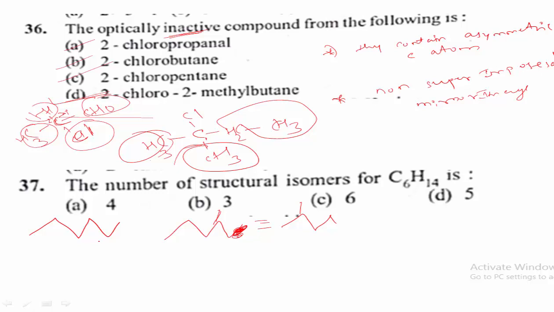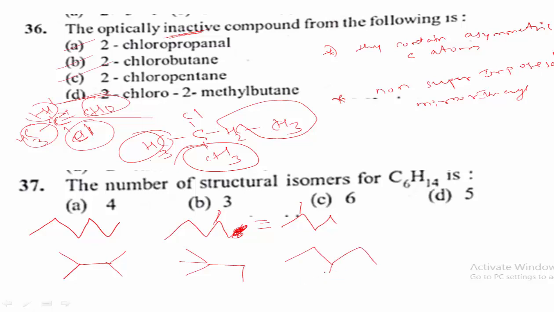Okay, next another type of structure containing molecular formula C6H14 is like this. Yes, this one is also another isomer and another structure, and this one 1 2 3 4 5 6. Okay, right. Next another structure, this one.